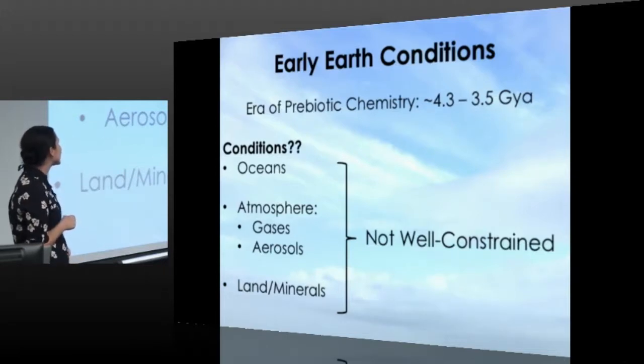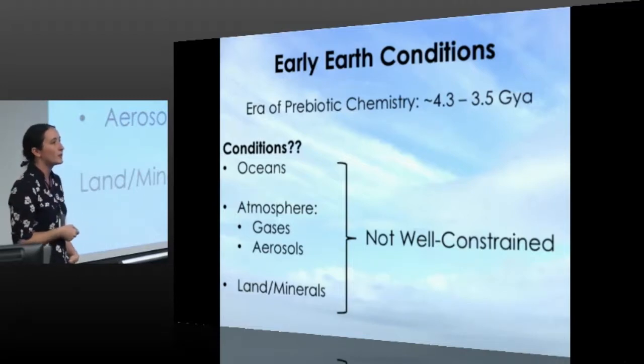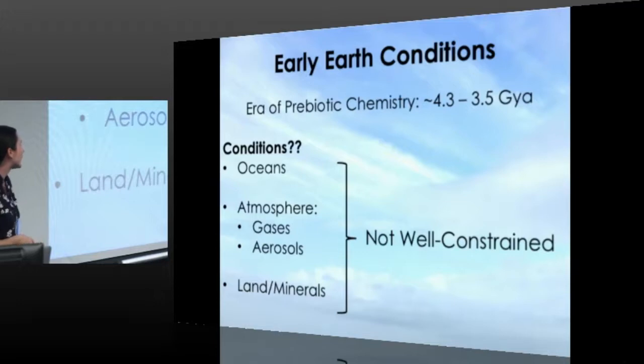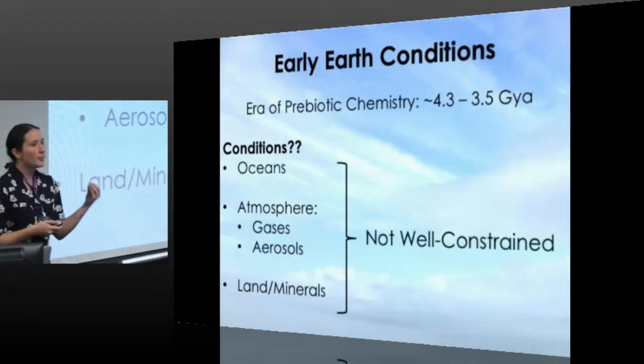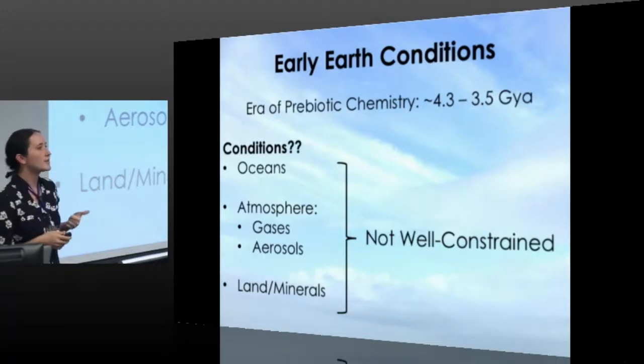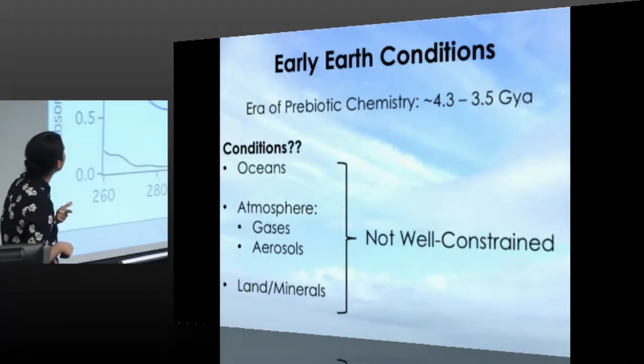We have guesses with nitrogen and CO2 for what the atmosphere was. There are different estimates of whether there would have been, say, organic hazes to help filter some of the UV light out. And then other people have estimated what minerals and land there would be. But for our purposes, we generally try to keep it really simple. So we use aqueous environments and we use sunlight.